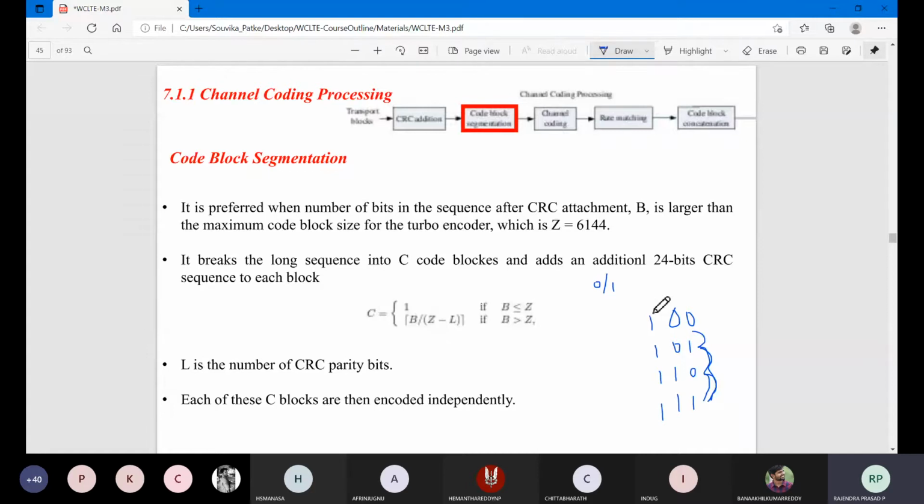The values will be, as we have said, the total length will be L plus K, the total being N length. Whatever data I am taking is not repeating, so one bit is also sufficient.